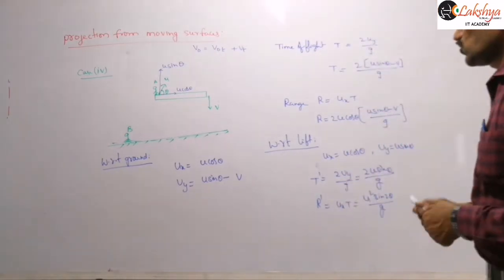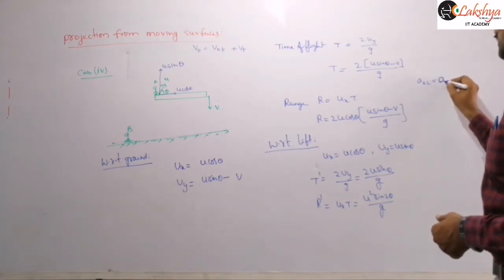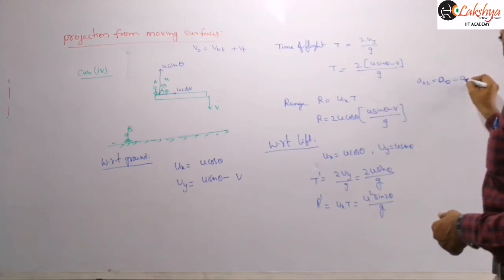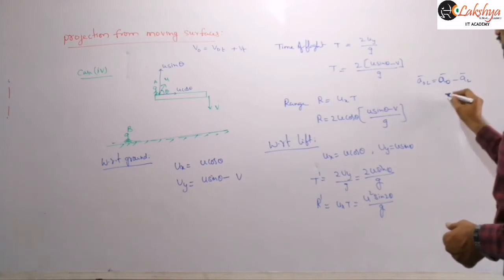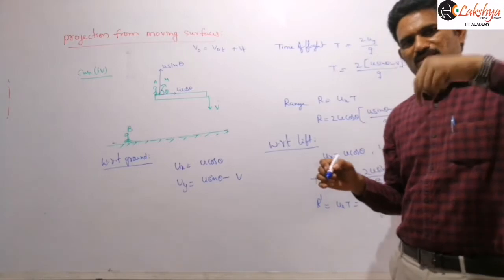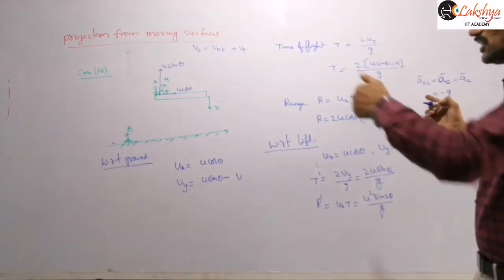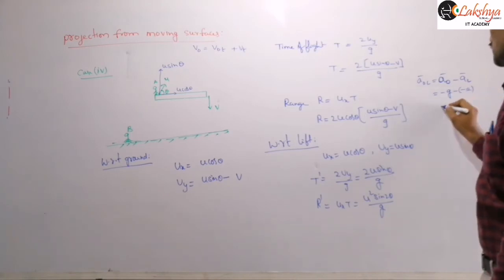And similarly here also, acceleration of this object with respect to the lift we can write as acceleration of object minus acceleration of this lift. And according to the directions you need to take the sign here. Object acceleration is always minus g. Once the object is projected, its acceleration will be g downwards only. If the lift has acceleration in downward direction, then it will be minus of minus a we need to write here.